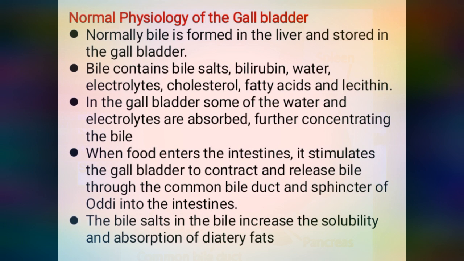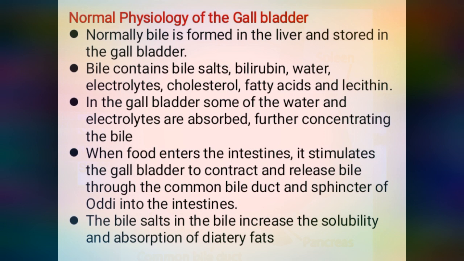In the gallbladder, some of the water in the bile gets reabsorbed into the blood vessels, leaving the remaining contents concentrated. When food enters the intestines, it stimulates the gallbladder, and the gallbladder contracts in order to release the bile through the bile duct and the sphincter of Oddi into the intestine.